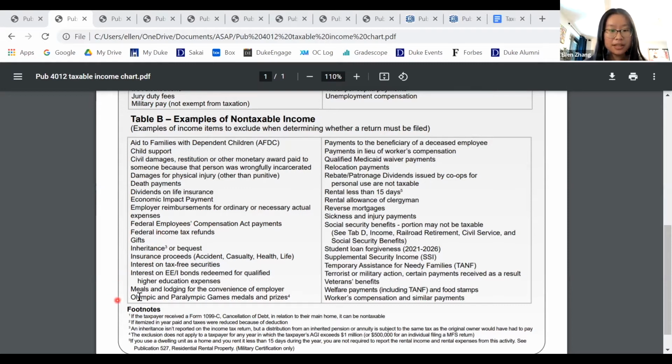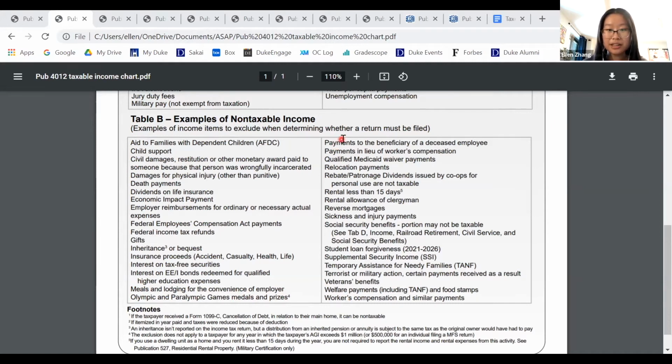Here's a very interesting one: meals and lodging for the convenience of your employer. So for me, I'm a resident assistant at Duke, which means that Duke provides some of my board and housing, and that is not considered taxable income because I'm given that meal and lodging for their convenience.